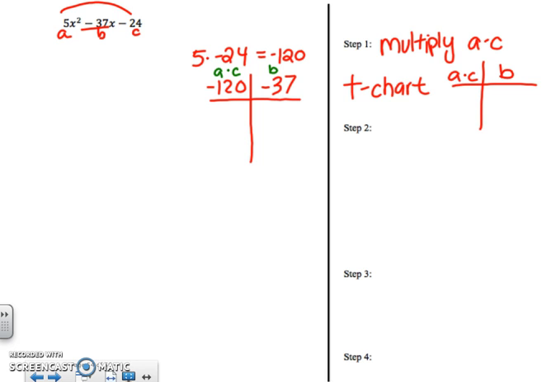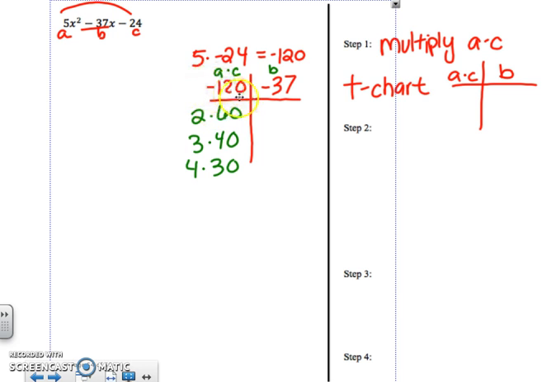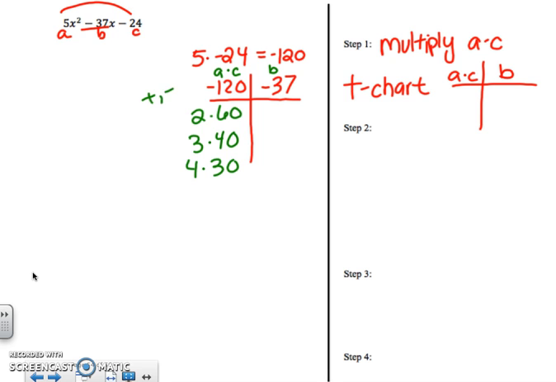So you're going to list all the factors that will give you a negative 120. So let's start with 2 times 60 is 120. If you divide 120 by 3, it would be 3 times 40. 4, I'm sure, goes into it, 4 times 30. So you can keep going, but I actually see an answer right now. So again, when can you multiply and get a negative? The only time that can happen is when you've got a positive and a negative answer.